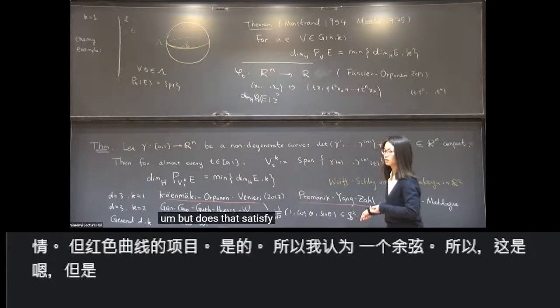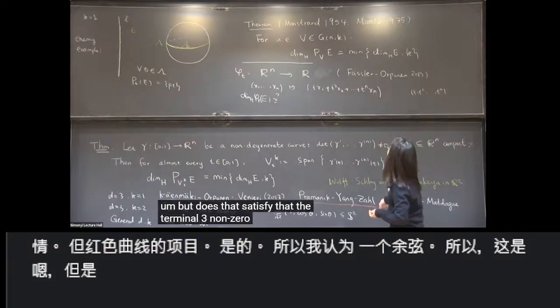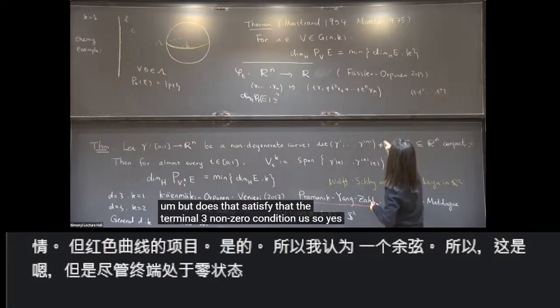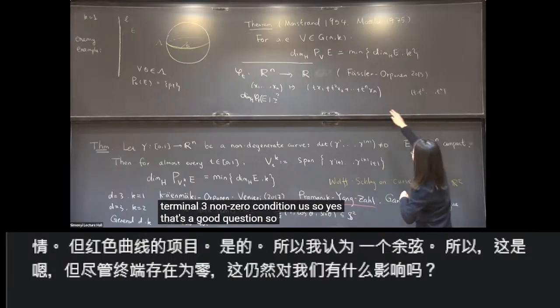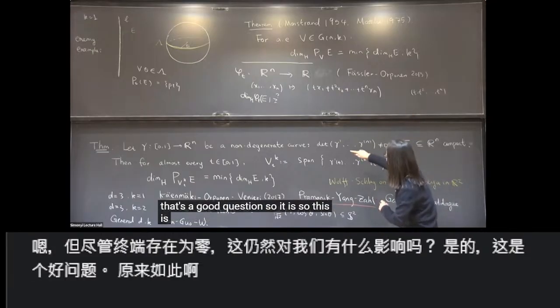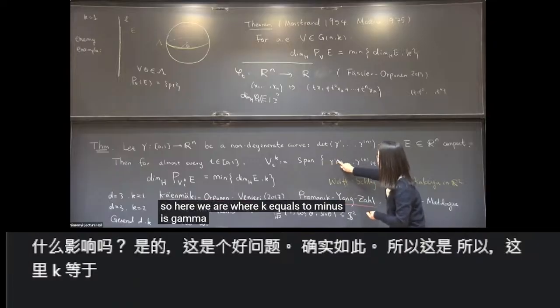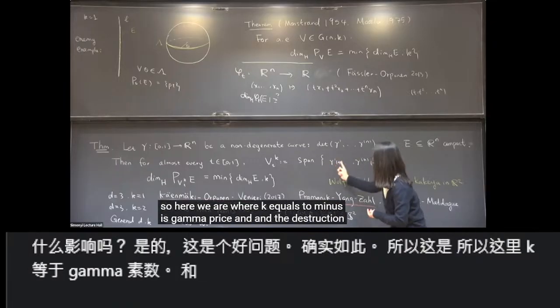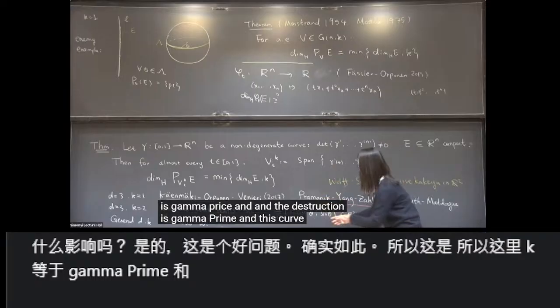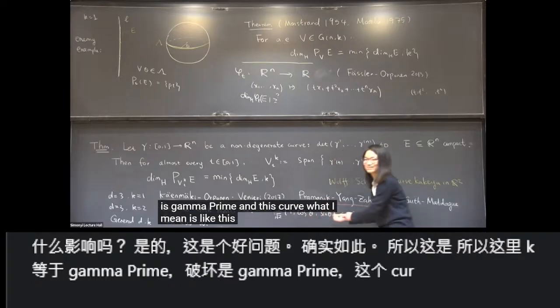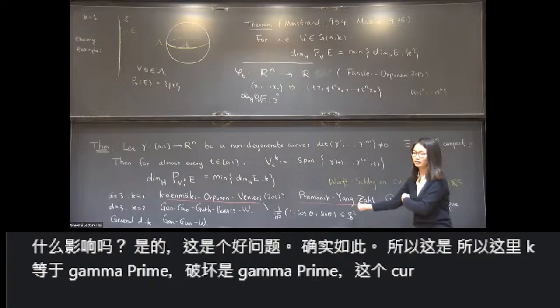But does that satisfy the determinant being non-zero condition? Yes, that's a good question. So here we are when K equals 1. This is the span of gamma prime, and the direction is gamma prime. And this curve, what I mean is this gamma prime. So there is one derivative.